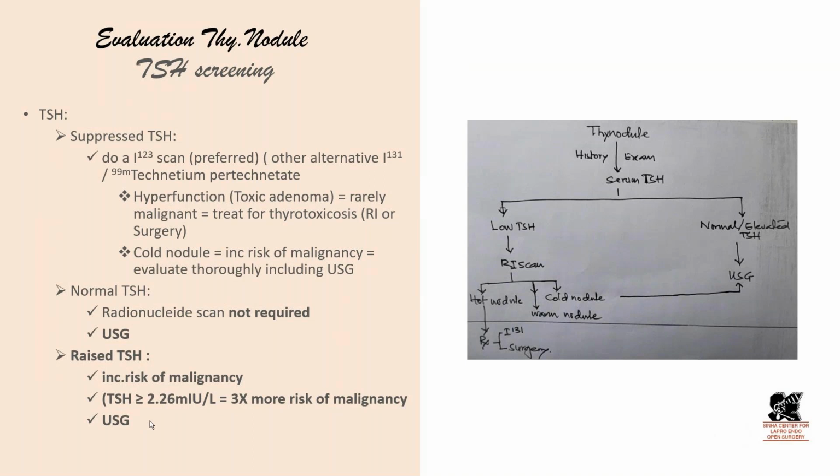So when you got a TSH level of more than 2.26 milli international units per liter, it is a harbinger of malignancy 3 times more commonly as compared to a normal person. So if you've got a raised TSH, you may be more susceptible to malignancy if you got a thyroid nodule along with that. So in both the conditions, an ultrasound is required.